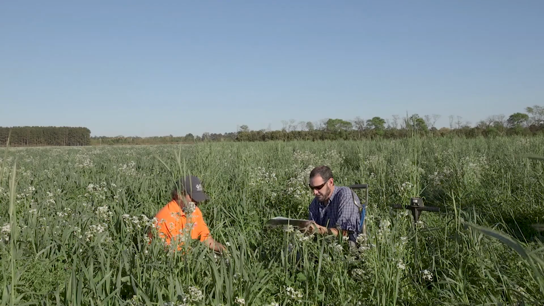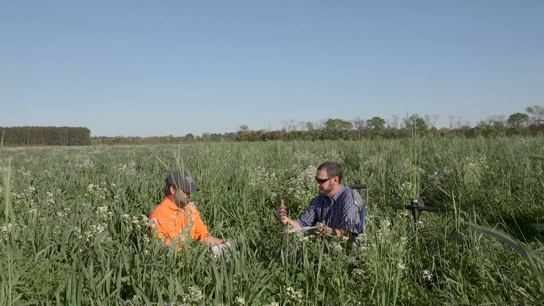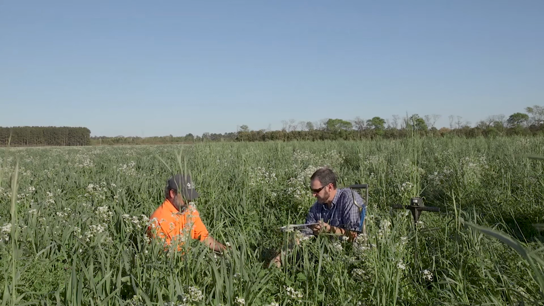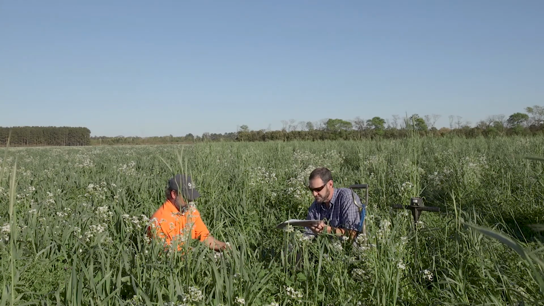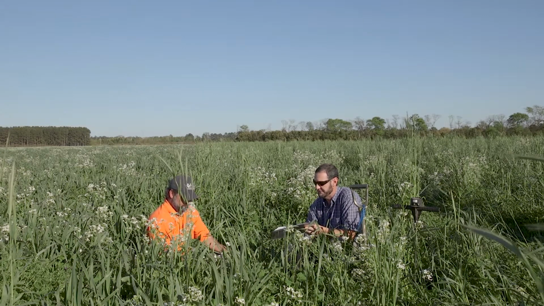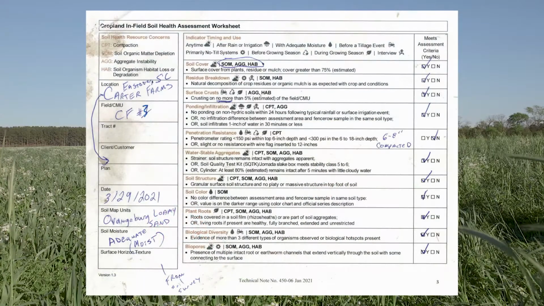Since this is estimated, and we're standing in cover that is nearly knee high or higher, we had to physically rake back residue to even see the soil surface. So we can easily estimate that this is higher than 75%, and the answer to this indicator is yes, it meets this criteria.